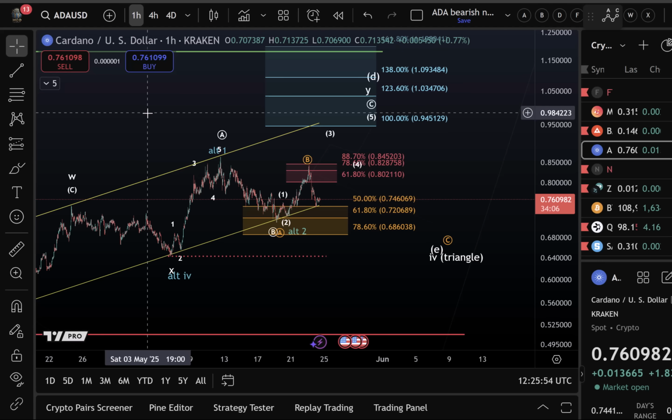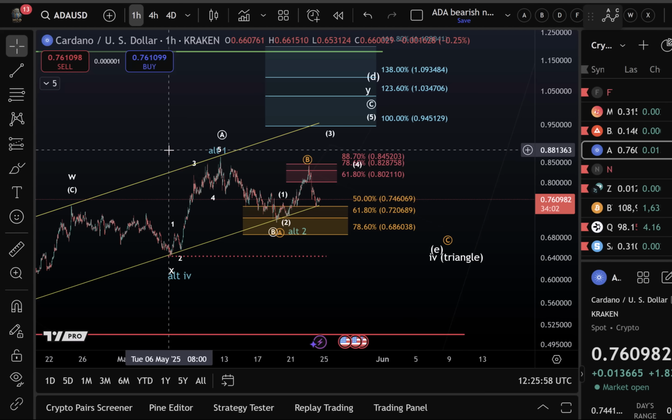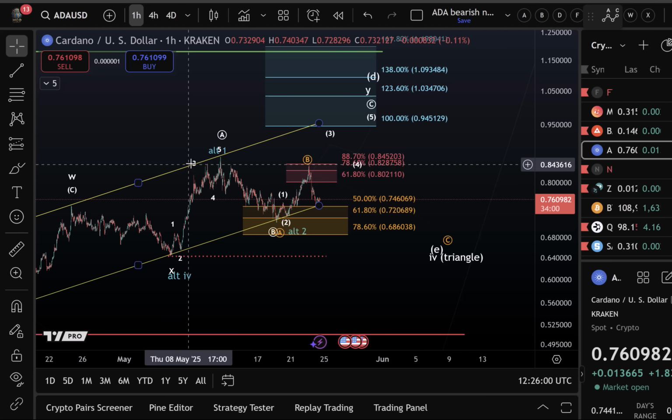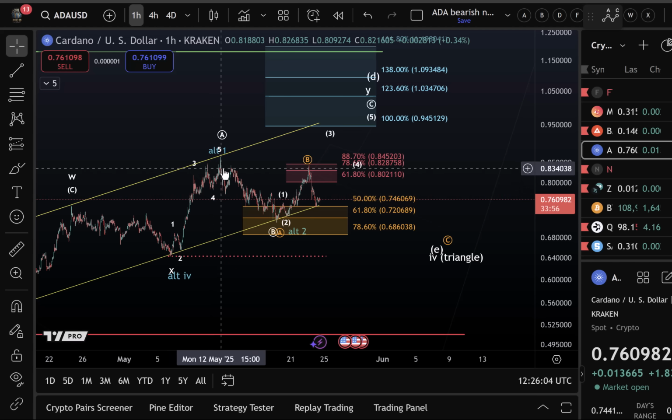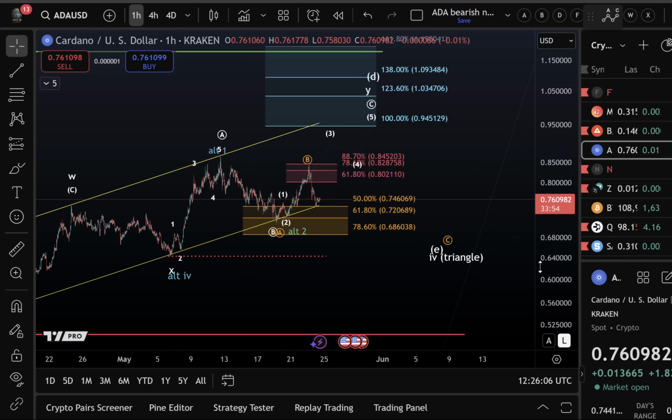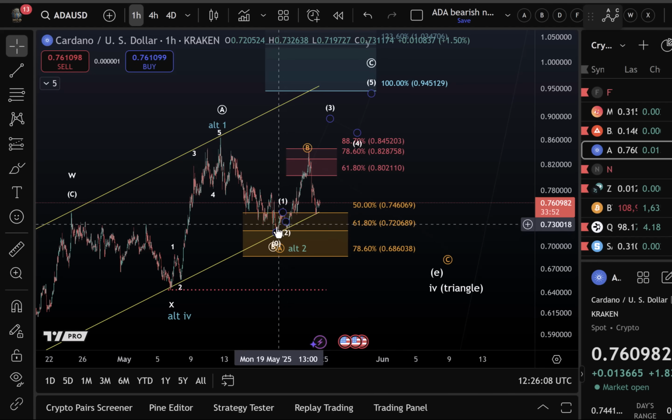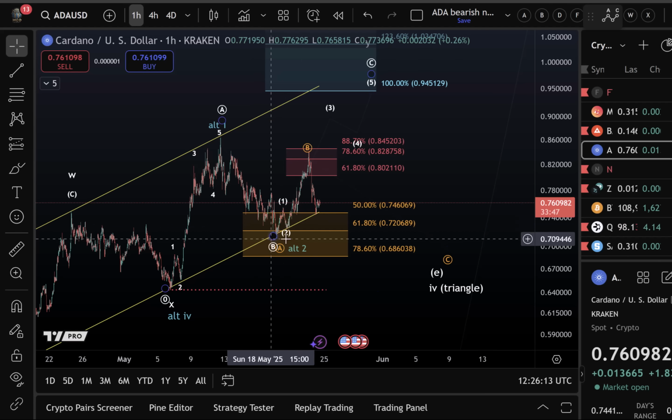So ADA continues to respect the parameters that we discussed in previous videos. Basically, we're just ranging at the moment, but you might recall that a few days ago we saw that nice reaction here to the Fibonacci support area that you were all aware of. We defined that one together here in the videos.